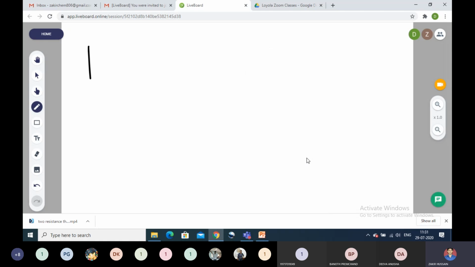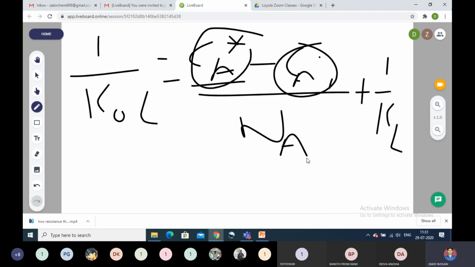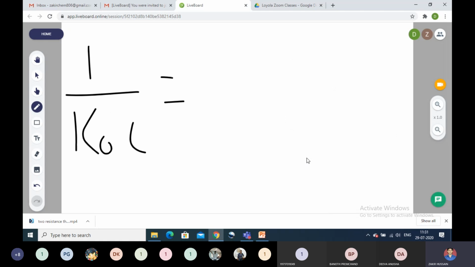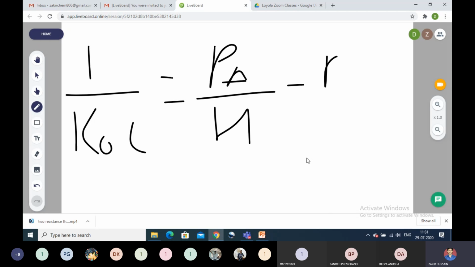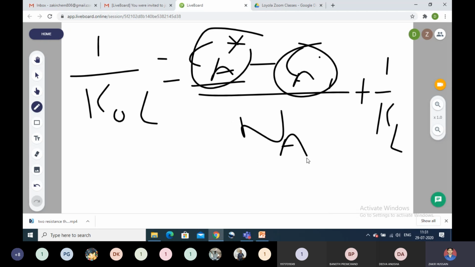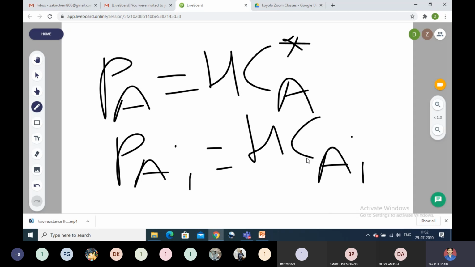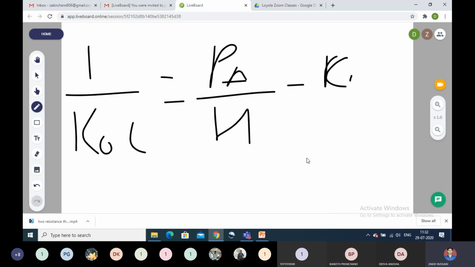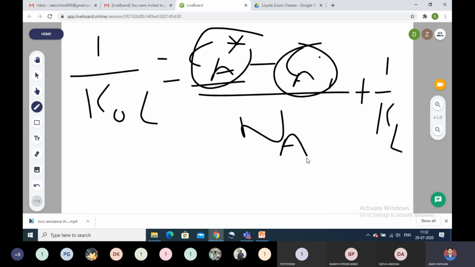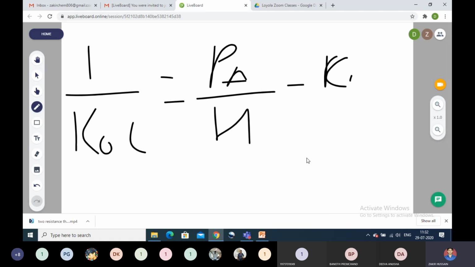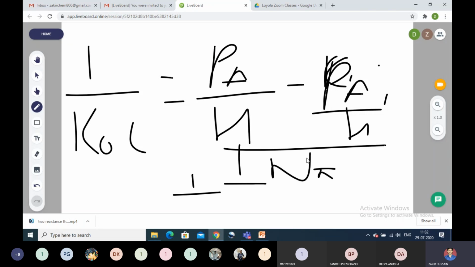So 1 by KOL is equal to, in place of Ca star we will substitute Pa by H, minus, in place of CAI we substitute PAI by H. Na is already there, plus the left out term 1 by KL is there.